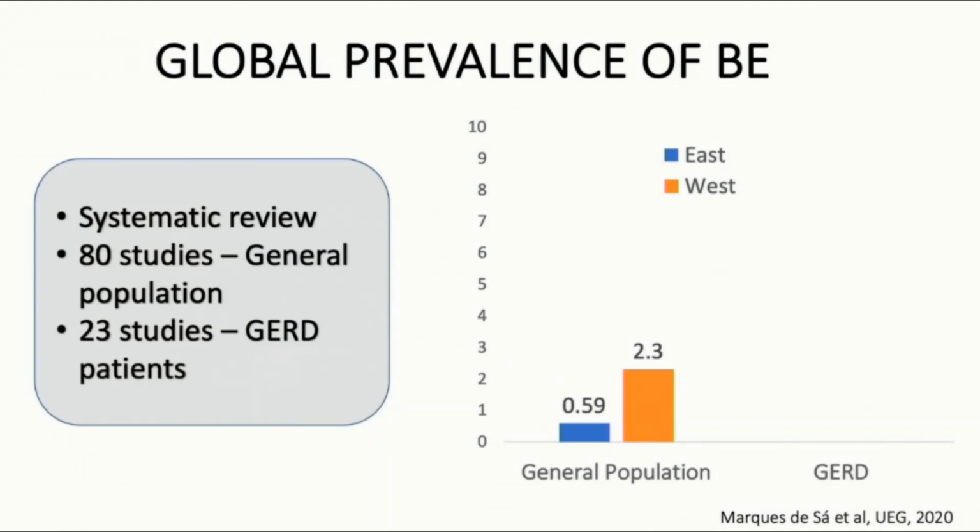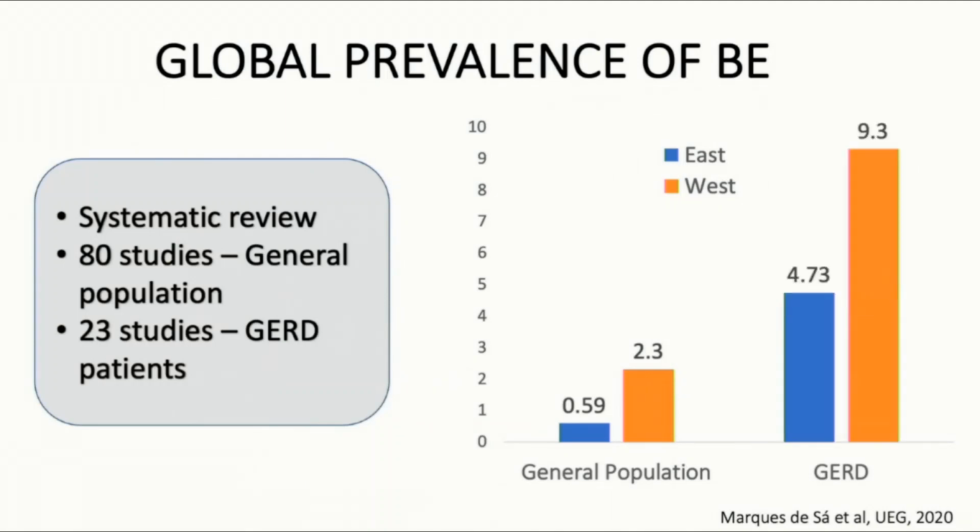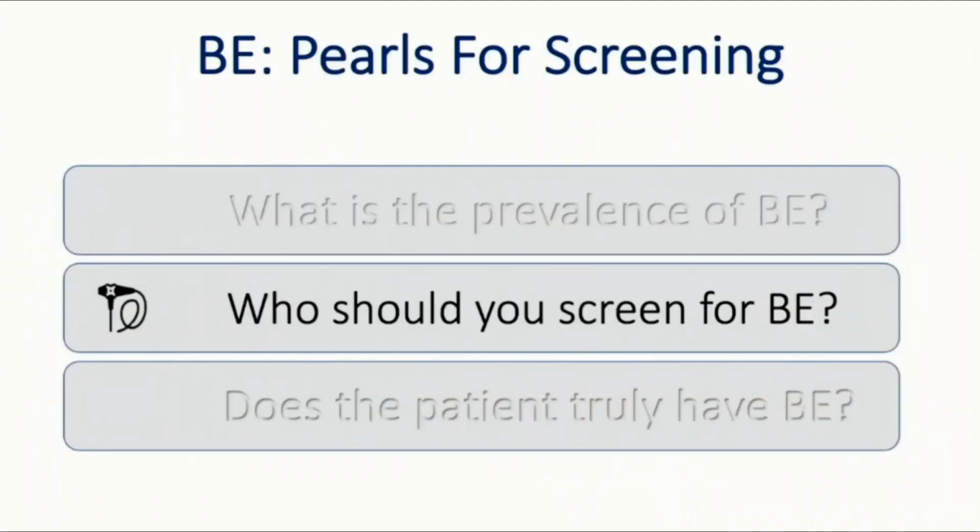So 1% of the general population or 0.5% in the east as compared to 2%. And in the GERD population, it's about 5% in the east as compared to 10% in the west. So depending on where you're practicing, you may be seeing this difference as well.